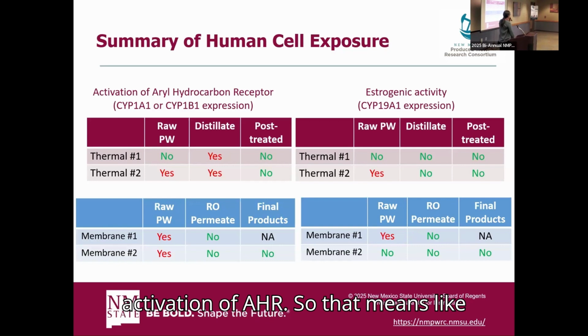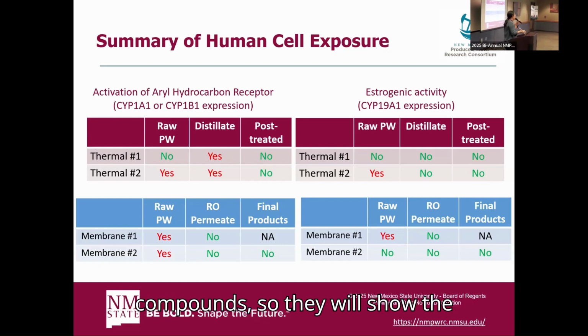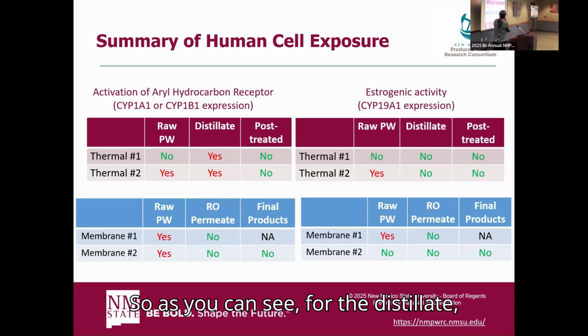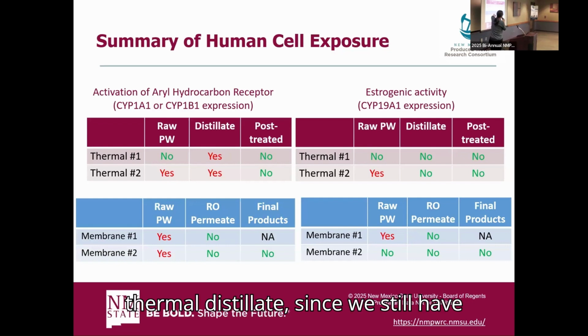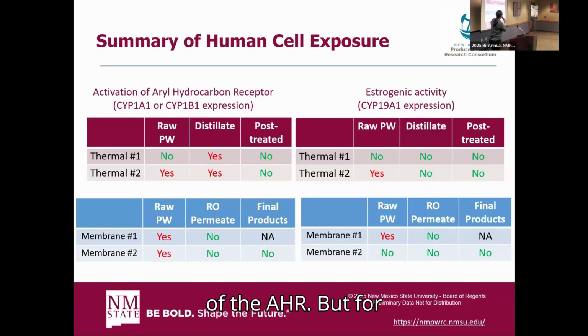We did the activation of AHR. Normally, as long as we have aromatic compounds, they will show the response, so we will have upregulated gene expression of CYP1A1 or CYP1B1. As you can see, for the thermal distillate, since we still have residual organic compounds, we did see the activation of the AHR.